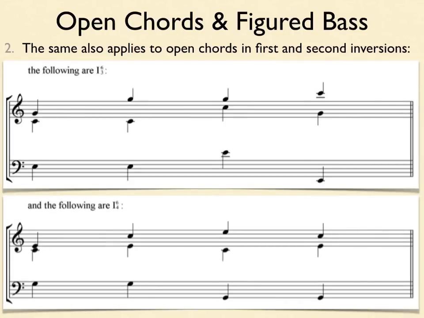Now the same holds true for all chords in first inversion and second inversion. So again, just to show you that C, E, G chord, we'll take the first inversion first. The E is going to be at the bottom for first inversion. So in that first example, all the chords have an E at the bottom, so it doesn't really matter what position the notes above that are. It's not going to affect the description or the analysis of the chord.